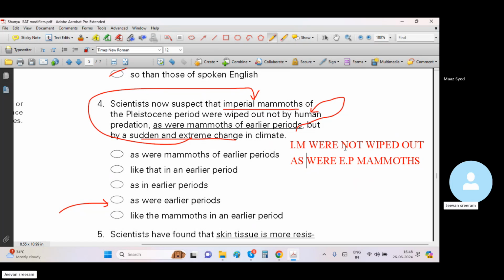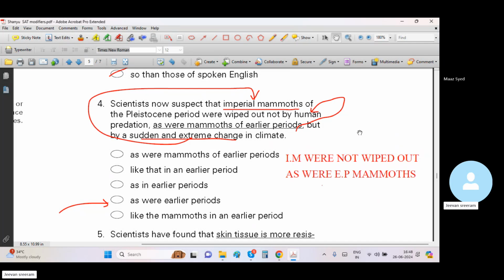Is it clear, buddy? Yes. So now it is exactly correct. Now you can say this is a correct sentence and correct comparison, right? Imperial mammoths were not wiped out as were earlier period mammoths.